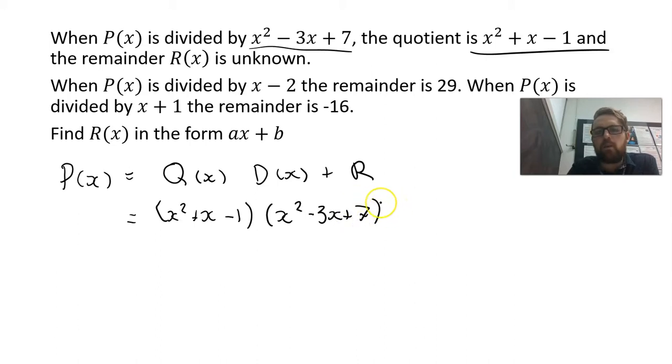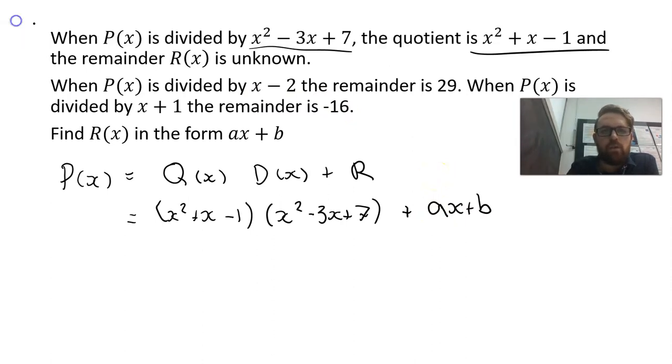Because the divisor is a quadratic, our remainder is going to be linear, so we can write that as ax plus b. The good thing about the remainder theorem is that we can use what we've got in the second part to work out these unknowns, and work out the remainder, and that's exactly what we're going to do.